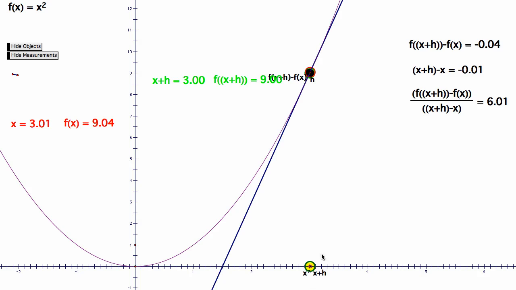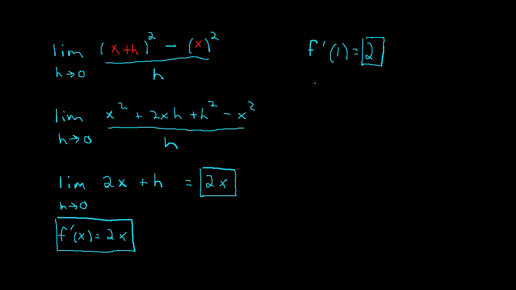In other words, when x is 3, the slope of my tangent line is 6. Again, if I evaluate with my new formula, f prime of 3 equals, well, 2 times 3 is 6. And 6 represents the slope of the tangent line to the curve x squared at the point 3.